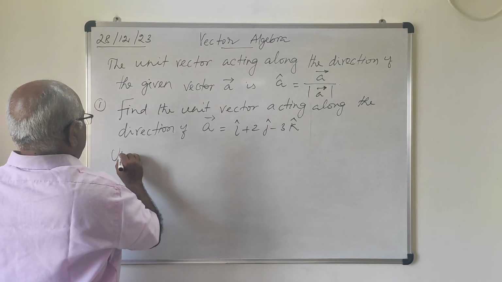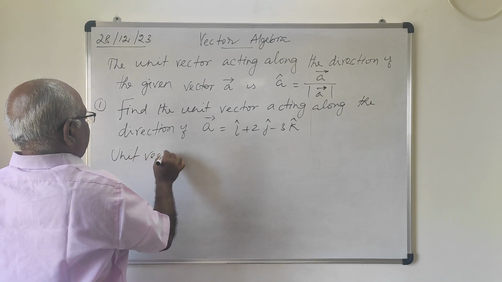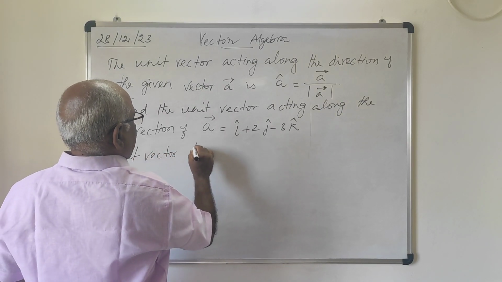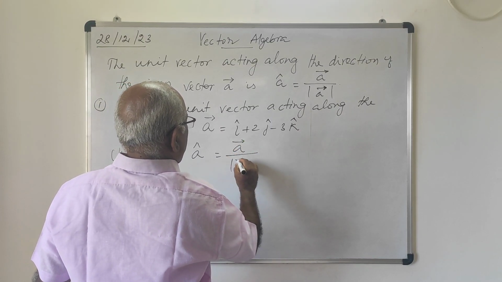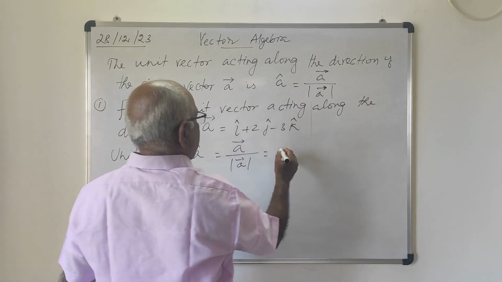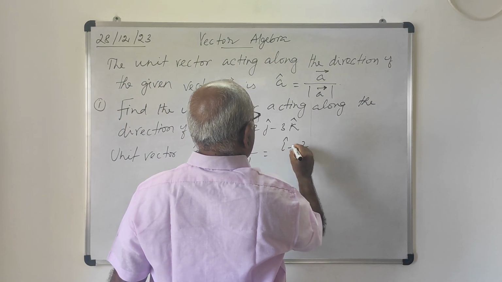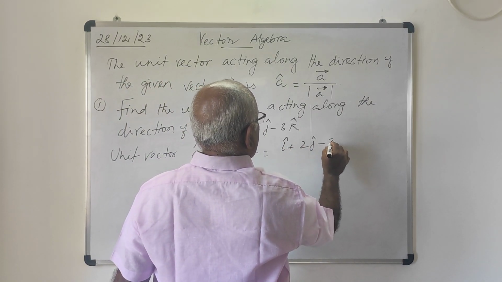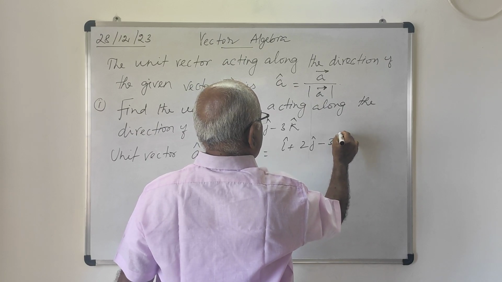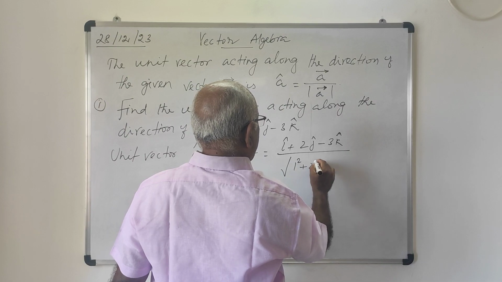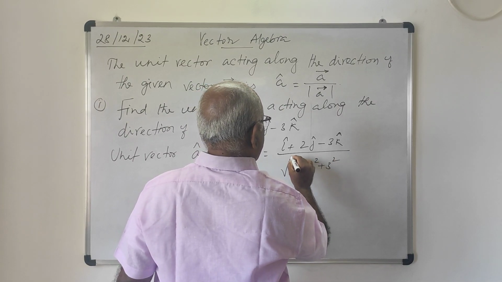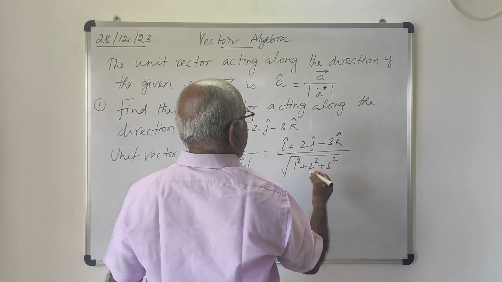So the required unit vector is A cap equal to A vector by modulus of A. That is equal to A vector, which is i plus 2j minus 3k, by root of 1 square plus 2 square plus 3 square, that is 1 plus 4 plus 9, 14.